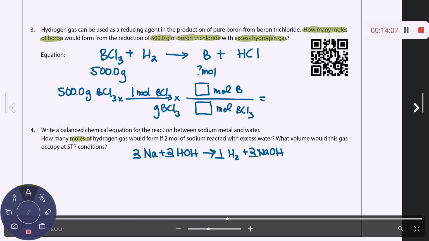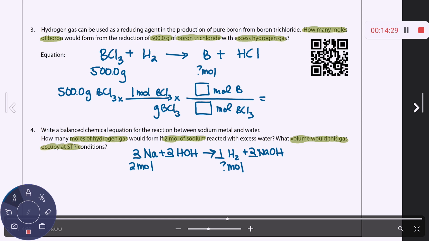They want to know how many moles of hydrogen gas, so I'm going to put question mark moles, would form if 2 moles of sodium react with a bunch of water. And then it says, what volume would this gas occupy at STP?